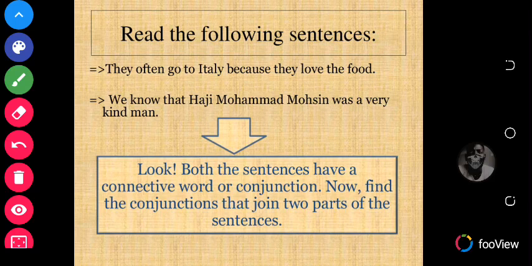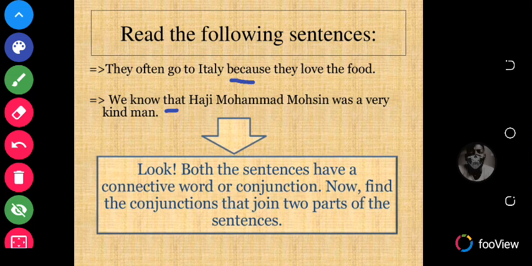Now, when you look critically at these two sentences, you find out that there are connective words or conjunctions in each of them. So, for sentence 1, the connective word is because. And for sentence 2, the connective word or the conjunction is that.